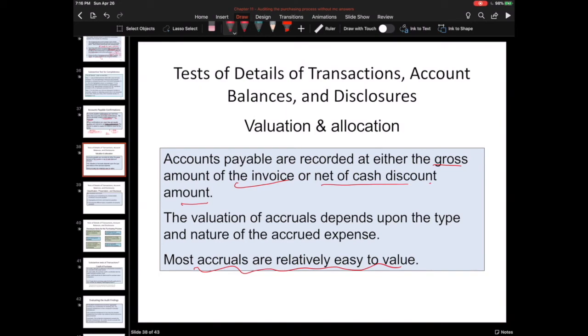So some short-term accruals, yes, are super easy to value, and you kind of know exactly what the value should be. So something like accrued payroll is very easy to value. But another short-term accrued expense would be like the 1 year accrual of what you think the healthcare expense is going to be. And that tends to be much more difficult to value, right? Because it just depends on what claims are going to be.